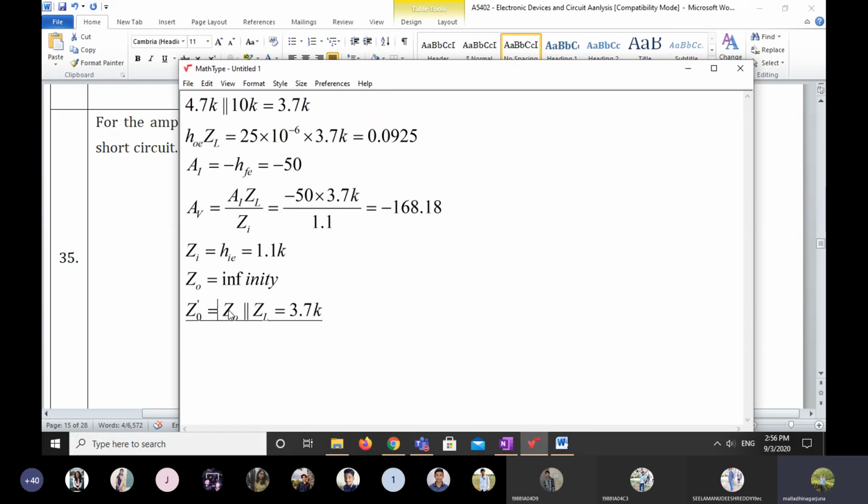So Z0, the output impedance of the basic transistor, is infinity. The output impedance of the amplifier means you have to take the load also, so Z0 parallel to ZL. Infinity parallel to ZL is nothing but ZL only, your load resistance. Clear?